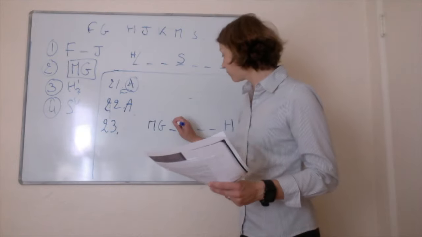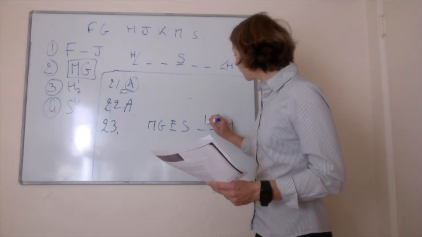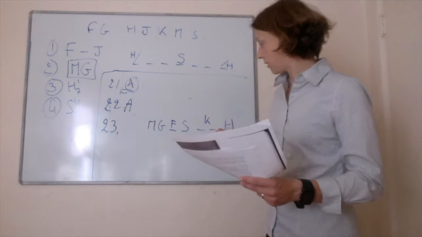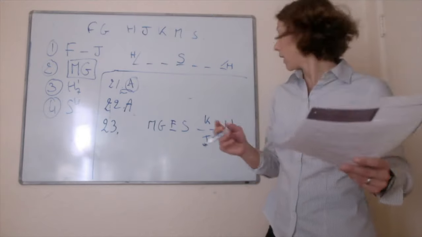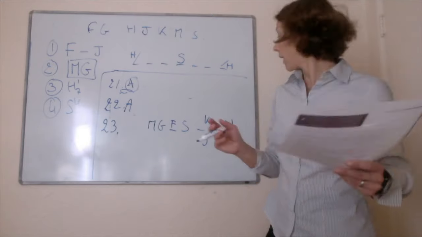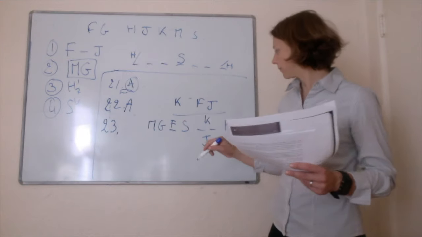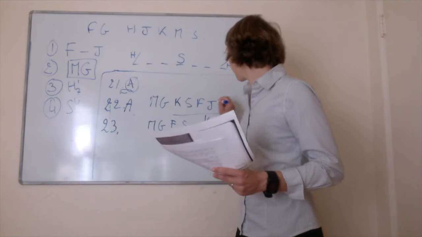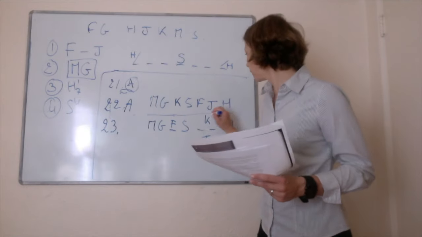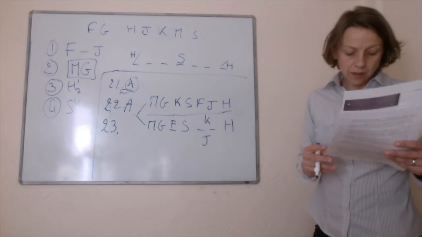We know that F needs to be here because it needs to be before J, and so K and J are going to be in one of those two. Oh, actually, you could have also another option, which would be K here and FJ, sorry. So that's another option. So those are your two options for number 23.